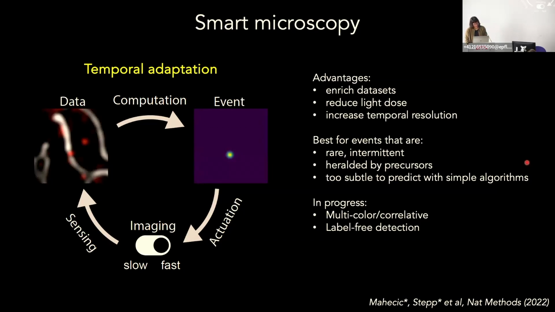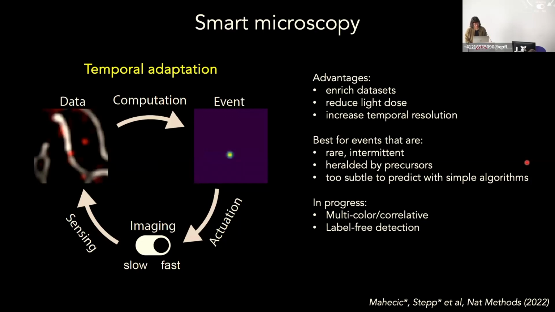And of course, in any case, when you're interested in using AI or artificial neural networks, it's important that you've chosen your problem such that this is essential. And we do find that these kinds of events are too subtle to predict with simple algorithms like shape detection, intensity thresholding, and so on.